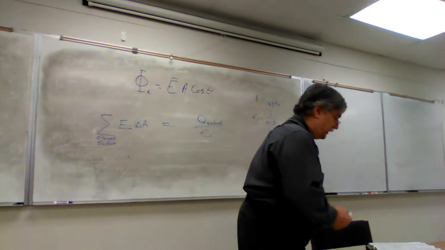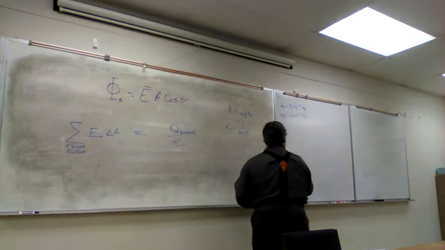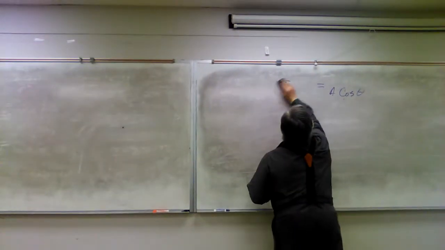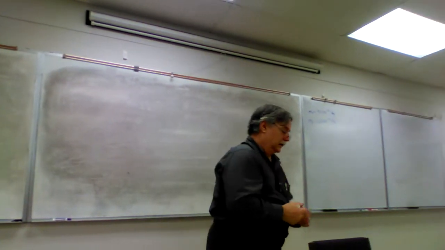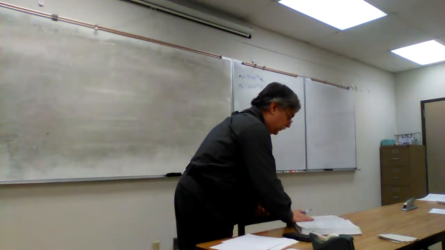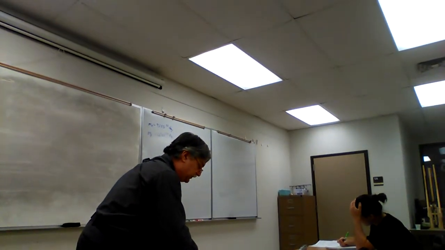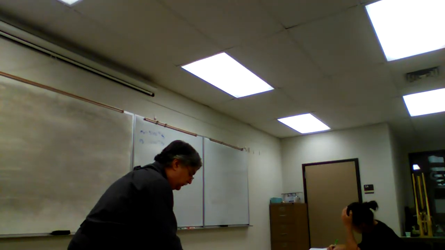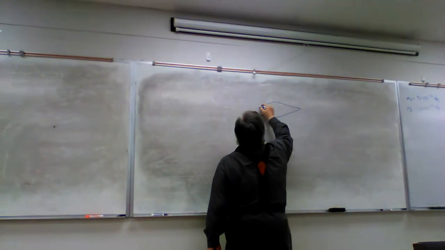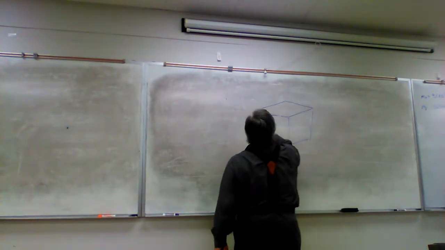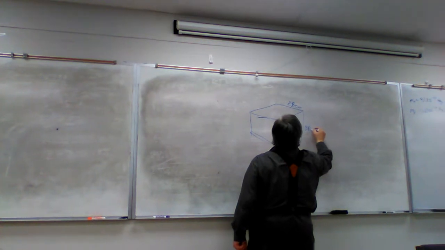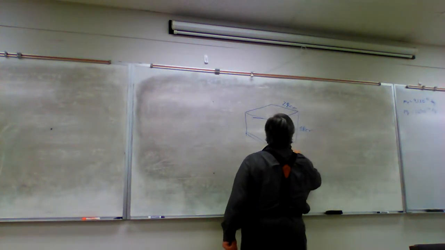So, what do we have for 38? Total electric flux from a cubical box of side 28 centimeters is 1.85 times 10 to the 3 Newton meter squared per Coulomb. 28 centimeters, 28 centimeters, 28 centimeters.